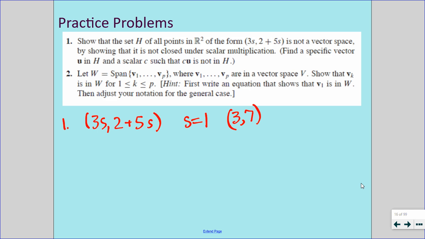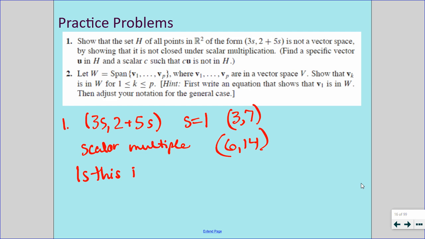Now, a scalar multiplication of that point, because it needs to be closed under scalar multiplication, would be the point 6 comma 14. So what I'm asking now is, is this in H? H has to be points that are in the form 3s comma 2 plus 5s.